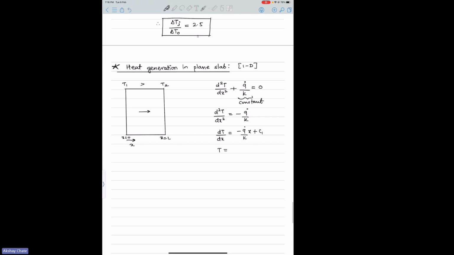If you integrate it again, you get T equals minus q dot x square by 2k plus C1 x plus C2. Now there are two unknowns, C1 and C2, and you can find them using two boundary conditions: at x equal to 0, T is equal to T1, and at x equal to L, T is equal to T2. I leave that up to you, but this is the way you get the temperature profile.